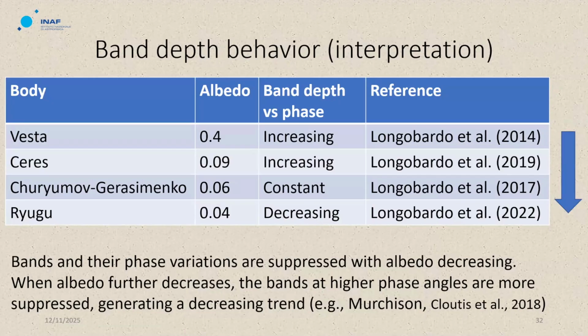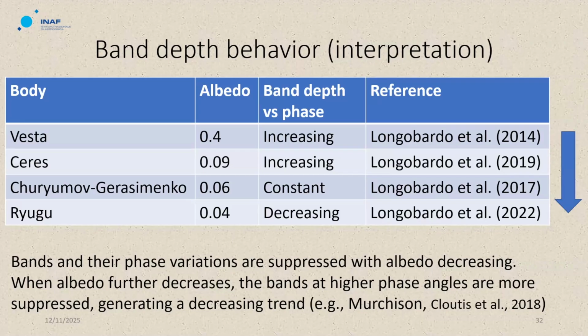In this case, the band depth behavior with phase is removed, and we have no trend, a constant behavior of band depth with phase angle. When we further darken the surface, the band depths at high phase angles are suppressed before the band depths at lower phase angles.